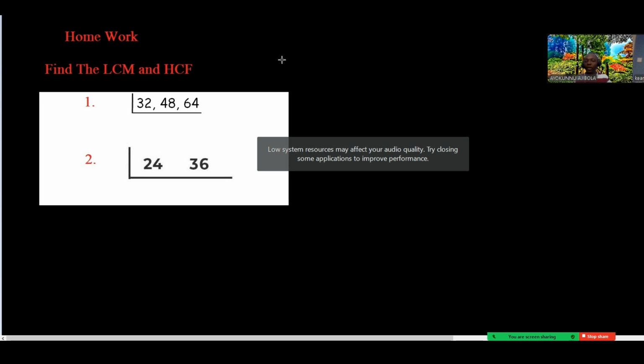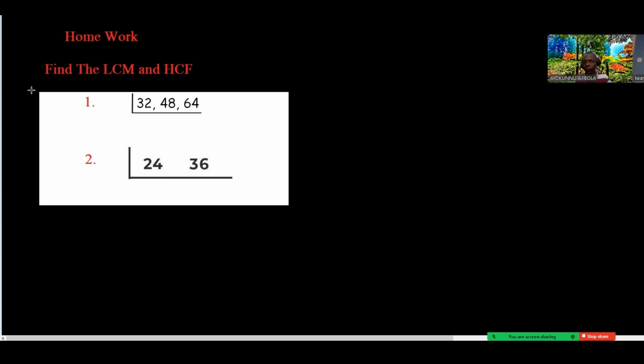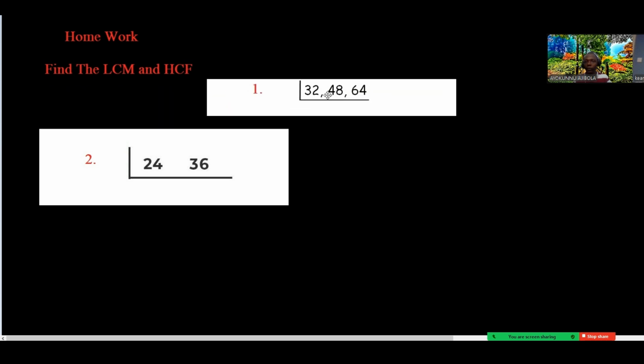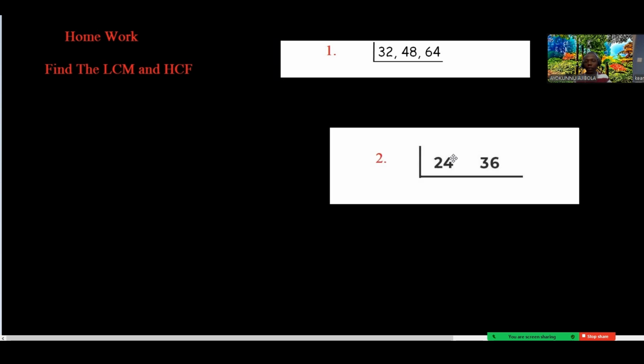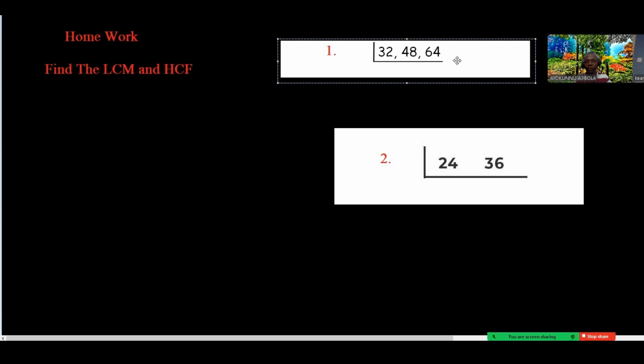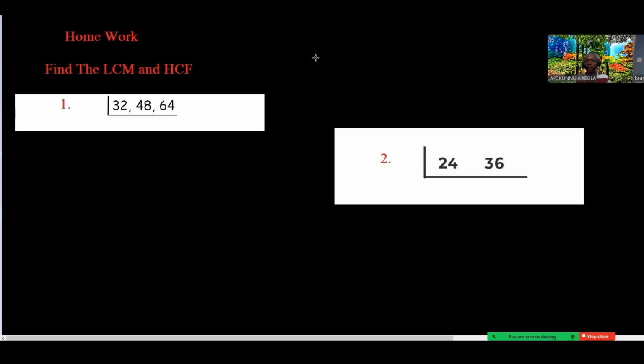So the first thing to do is to know that we're going to divide them, okay? We'll be dividing by prime numbers, the numbers that can divide all of these numbers. But because we're looking for HCF and LCM, whenever we're dividing, we look for the prime numbers that can divide them, like say these ones, we have 2.